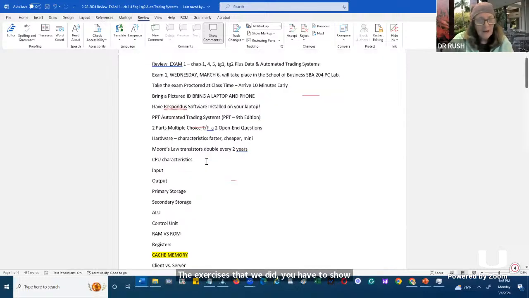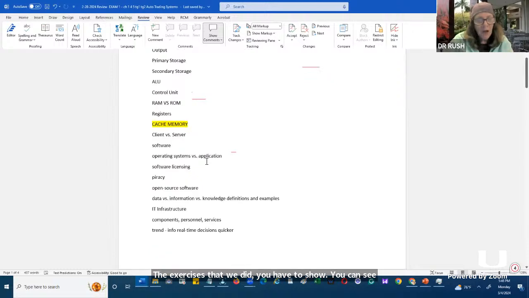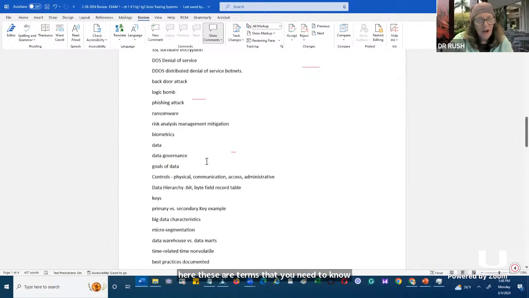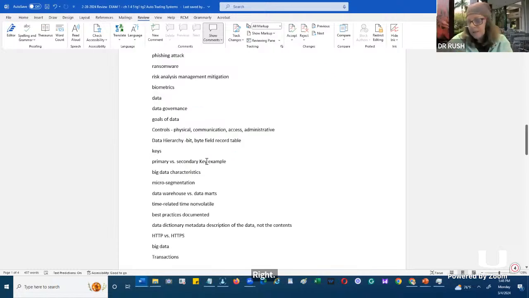You can see here, these are terms that you need to know, right? And where can you find these? Basically, you can find them on the PowerPoints, and under the PowerPoints, you can see under notes. Let me do this.